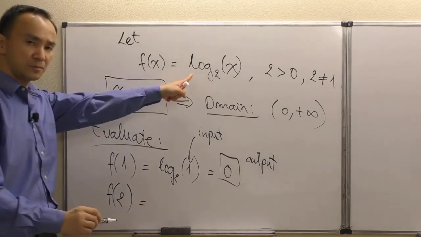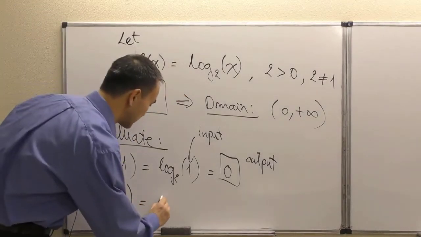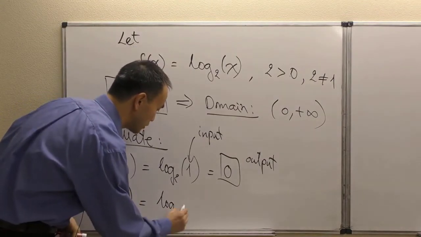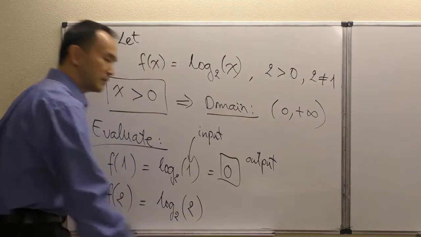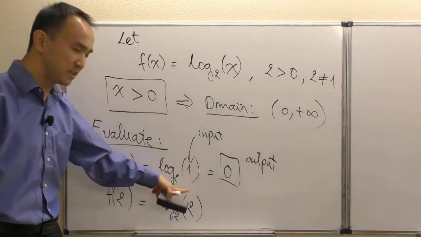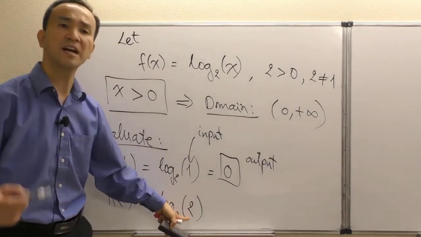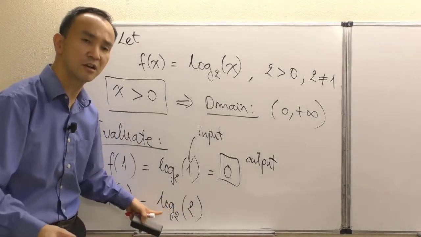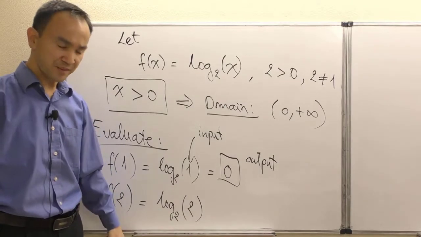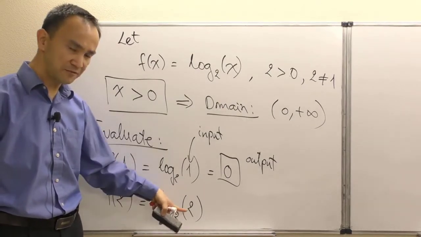According to the rule previously defined here, the rule says take log base 2 of 2. The input is x equals 2, but in this rule the input becomes the argument of our log operation. Okay, so log base 2 of 2.